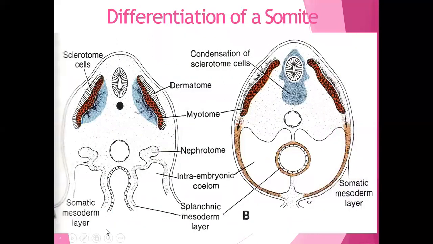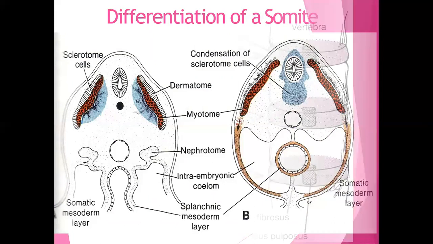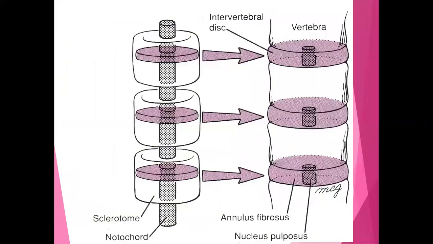So again, this is what they call the differentiation of somites into three parts, which I have already discussed with you. Now here you can see how the vertebra is formed. This vertebra is formed not from only one side but from all around the notochord.